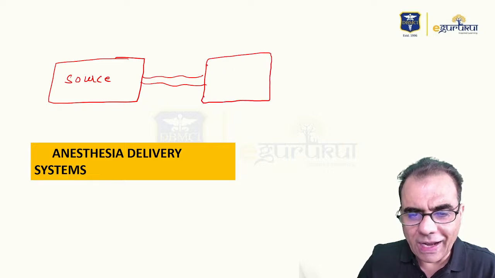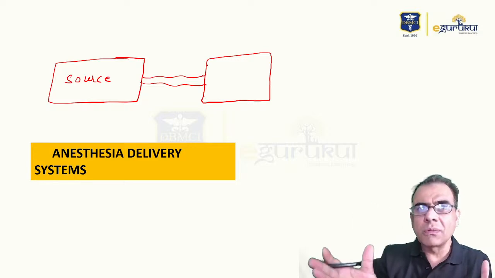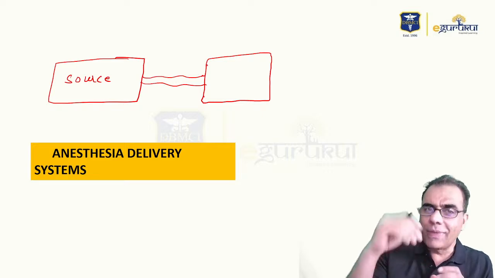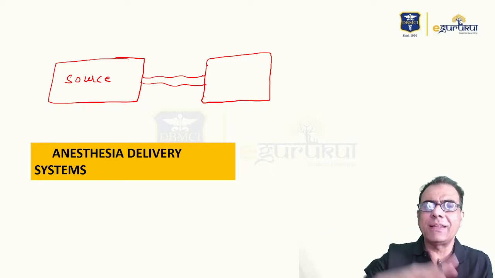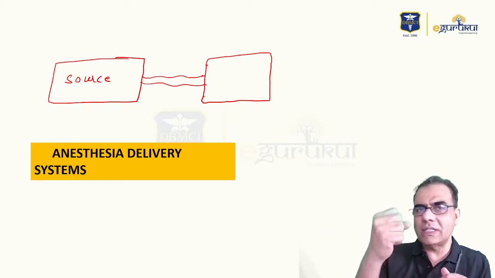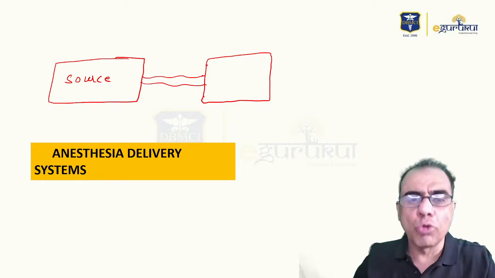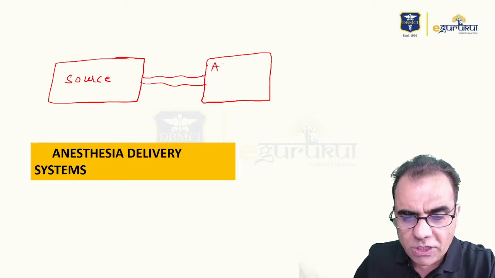see, when you order anything, say from Amazon, there should be some source, meaning some storage house where they are keeping the merchandise which you have ordered. From there it will be delivered to their processing unit, and then from the processing unit the delivery boys will deliver it at your doorstep. So from the sources, gases will reach the processing unit, and the processing unit, in anesthesia, is the anesthesia machine.